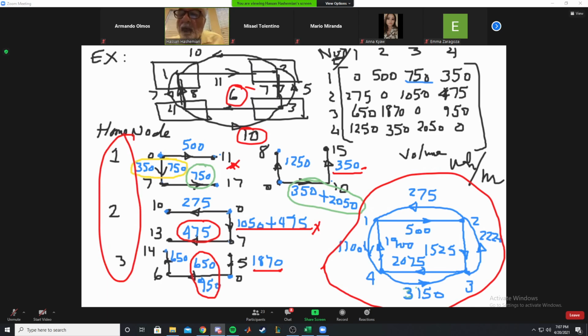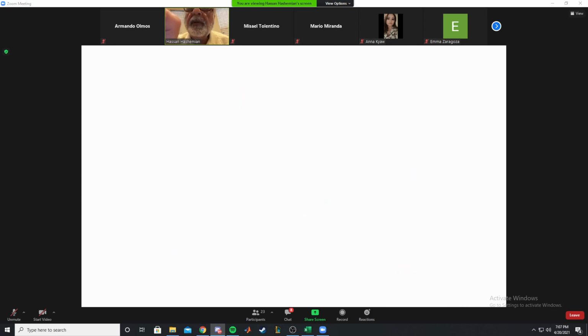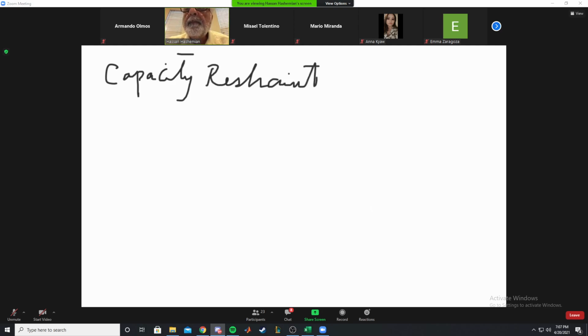So we have a method that we call the capacity restraint model. What does it do? Well, the capacity restraint model tries to balance it.